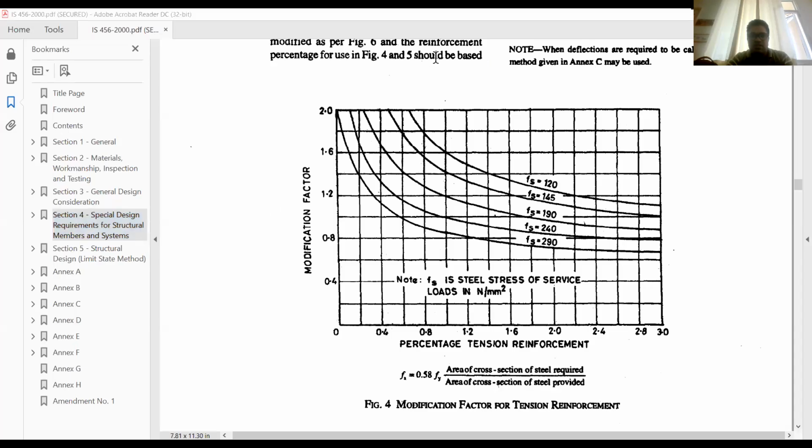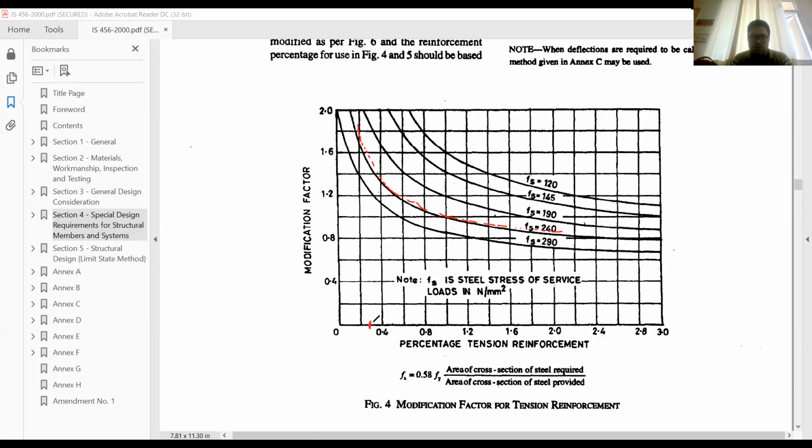So this is the graph that we are going to use to calculate the value of MF1. So our percentage of steel was 0.295, which is around 0.3. So which means we are here, and the curve for 234 Fs value, it will be slightly above the 240 curve. So it will go something like this.